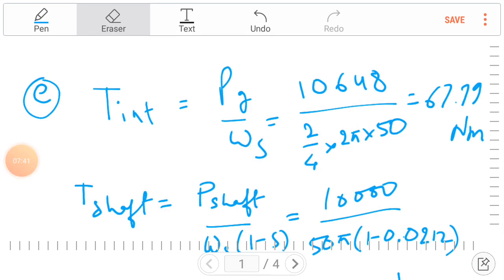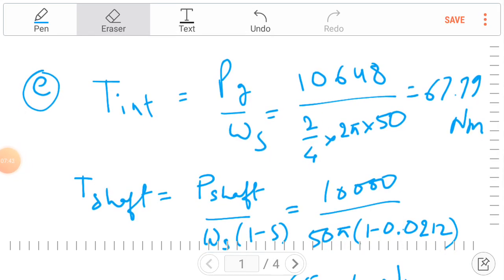In the last option we have to find torque and efficiency. So internal torque is equal to air gap power divided by synchronous speed in radian per second. So air gap power is 10,648 and synchronous speed in radian we can find by 2 by P into 2 pi f, for a 4-pole 50 Hz induction motor. So the answer is internal torque is 67.79 Newton meter.